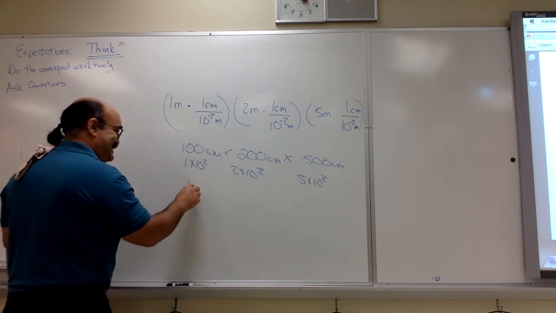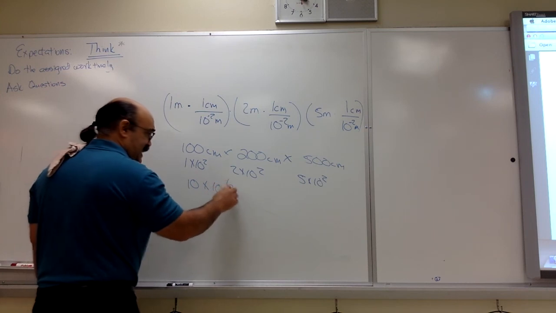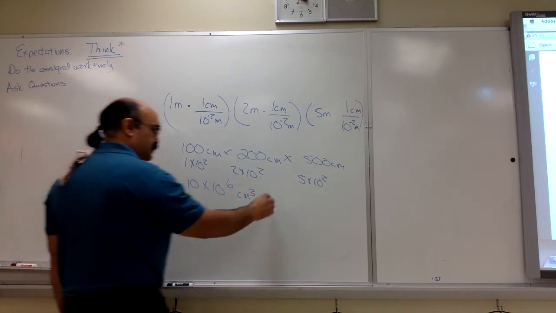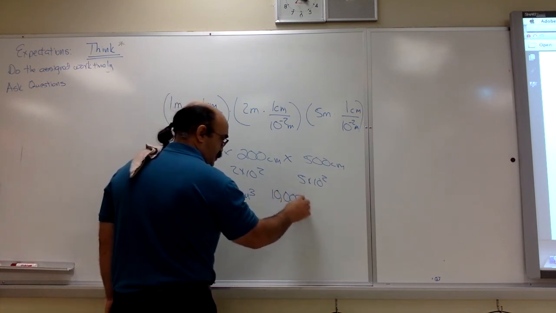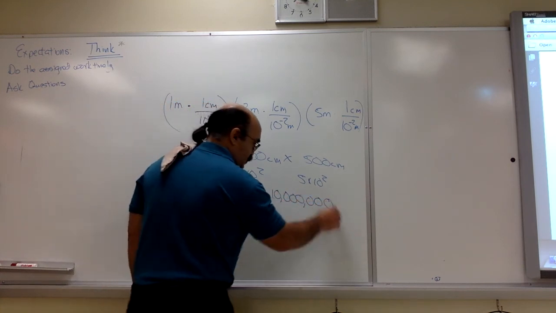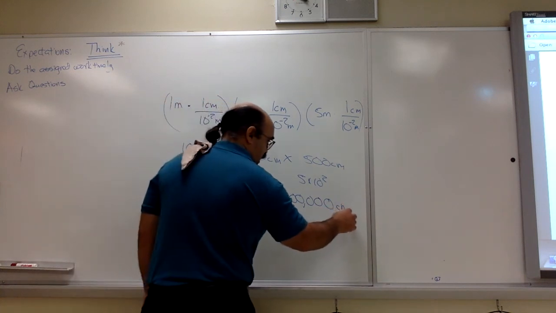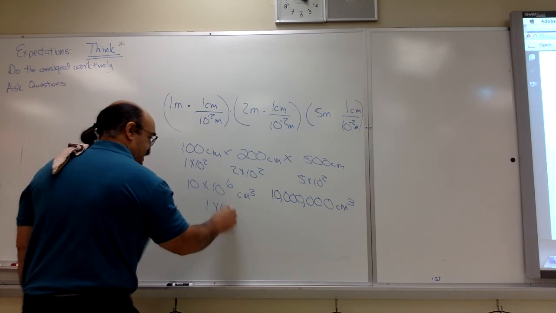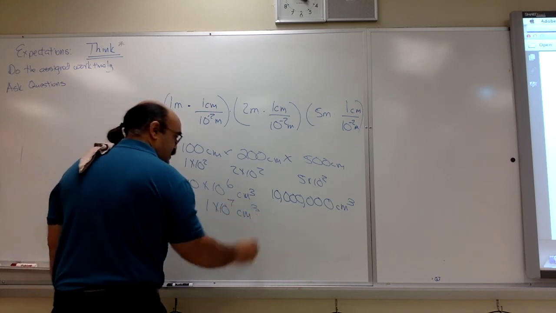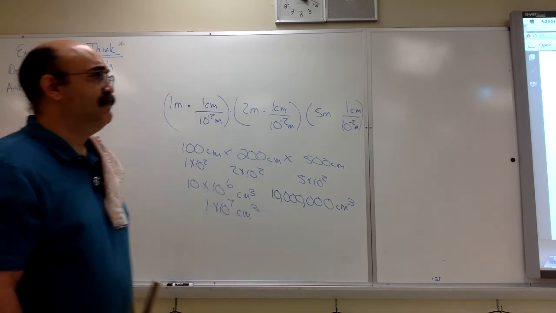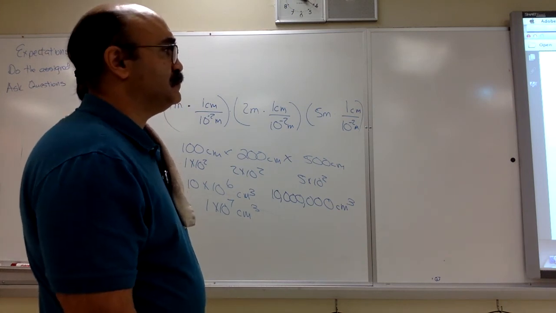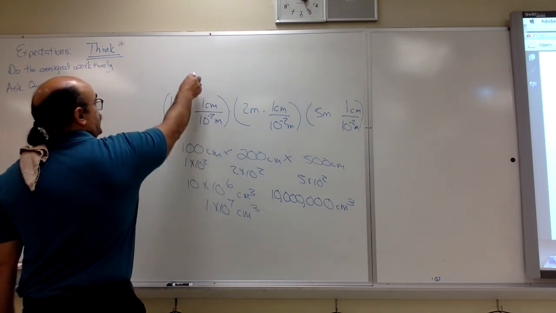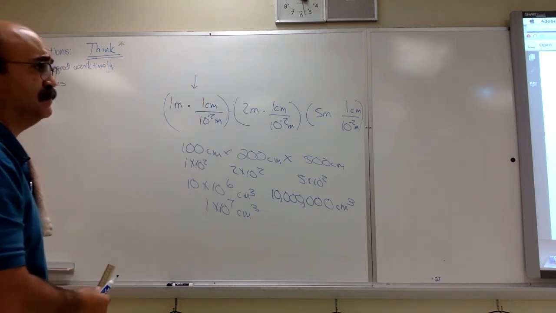I would get 10 times 10 to the sixth cubic centimeters, or in correct scientific notation, 1 times 10 to the 7 cubic centimeters. That's what I'm looking at. So first, this is my step to convert to centimeters.